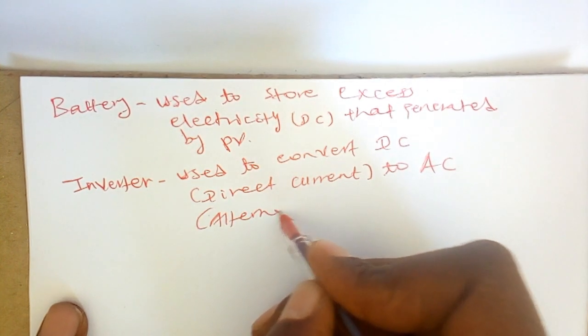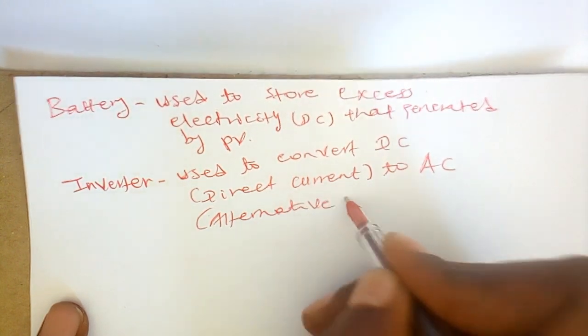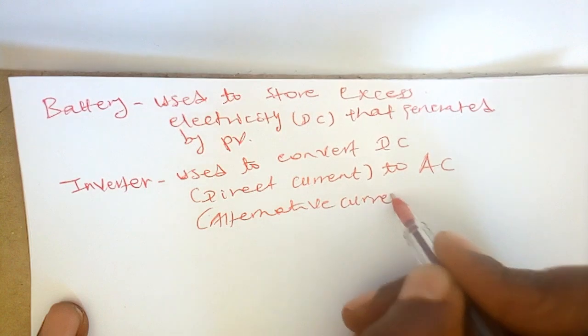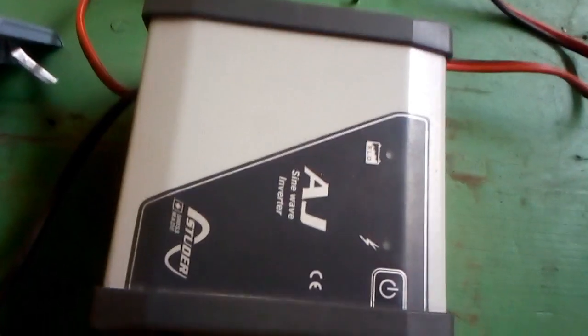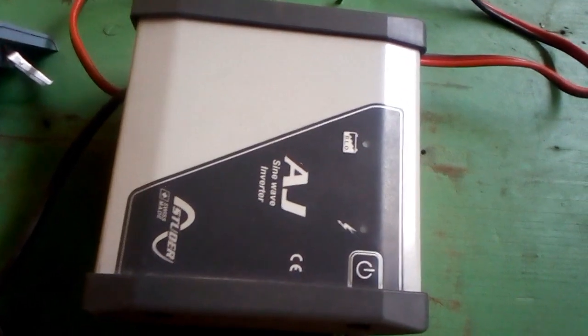This is the purpose of inverter. So this inverter is the main component in the solar system. This is a solar inverter, a sine wave inverter, which converts direct current to alternating current.